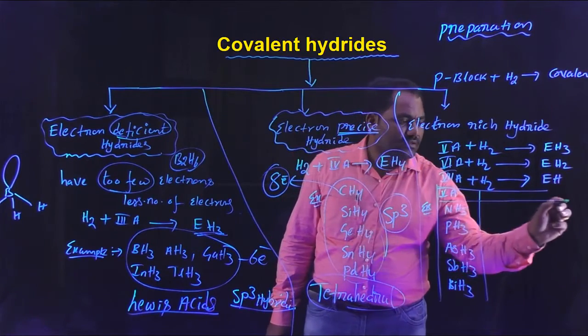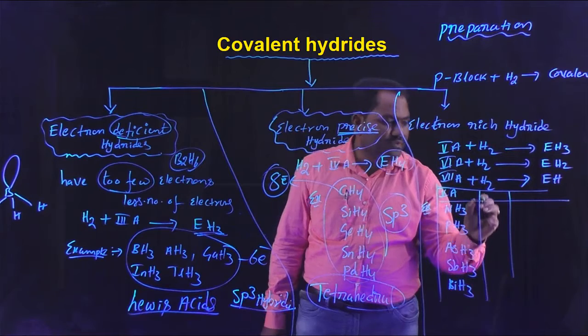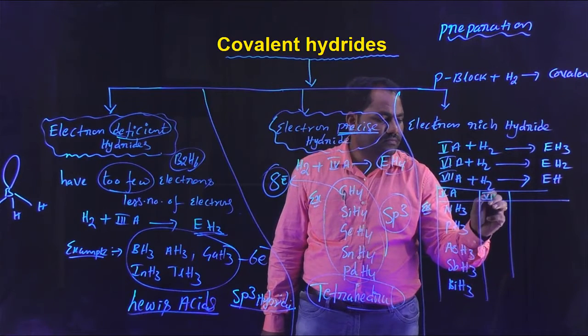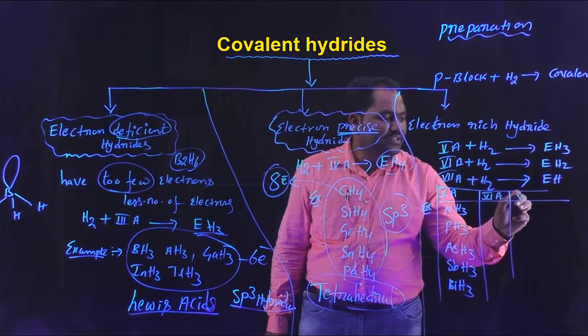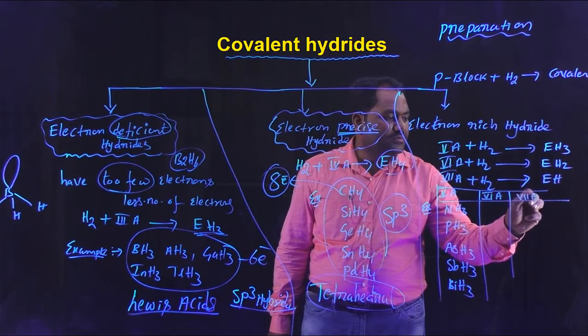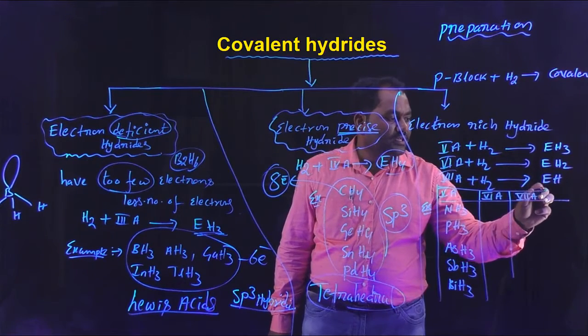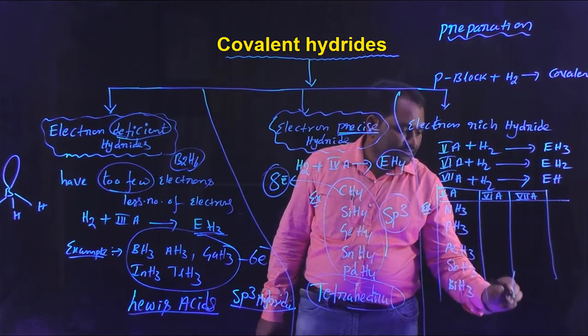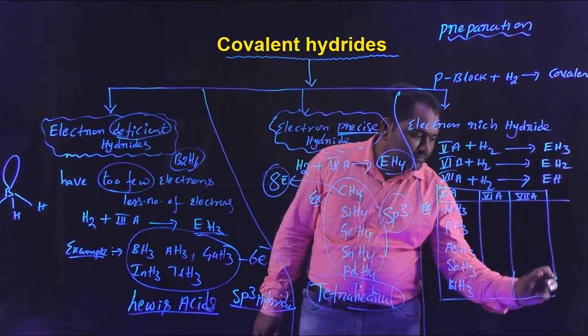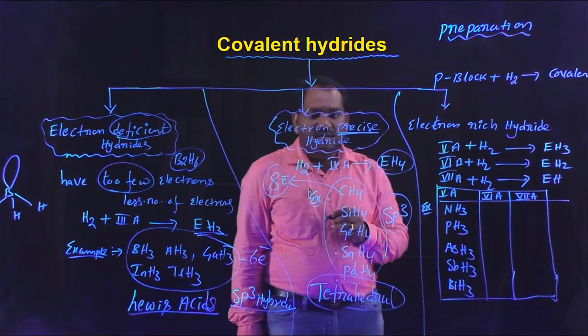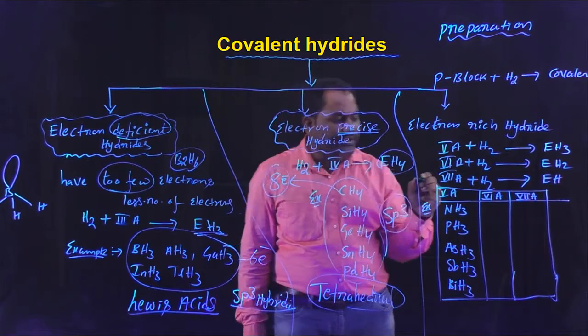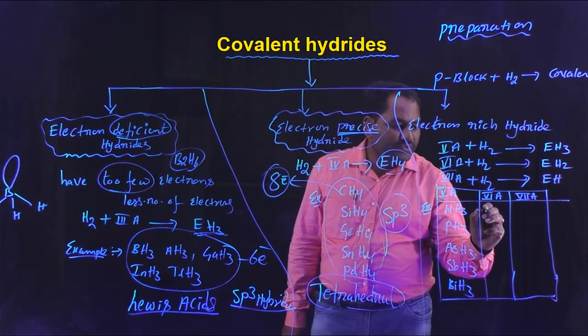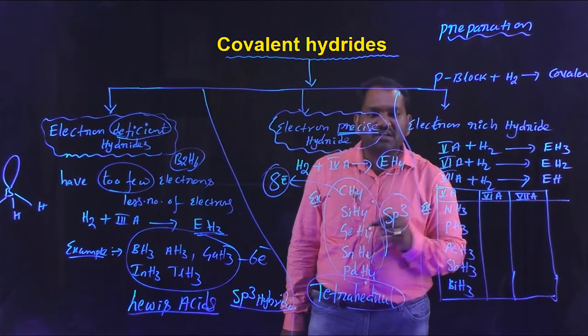Okay, and next we go for the 6th A group, and next for the 7th A group. 6th A group means the oxygen family.